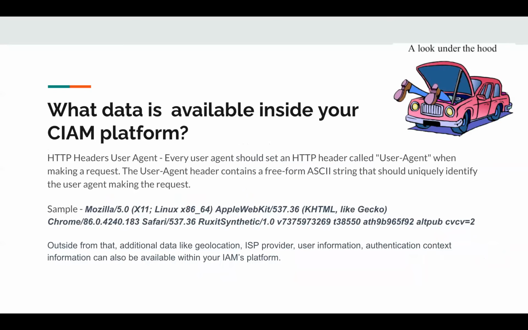The HTTP headers user agent is just a piece of string that contains the device information and also the browser information, like what you're seeing here right now. Some CIAM platforms are able to enrich that HTTP user agent by adding more information like geolocation, using your IP address as a starting point, and maybe longitude and latitude if you enable location tracking in your browser.